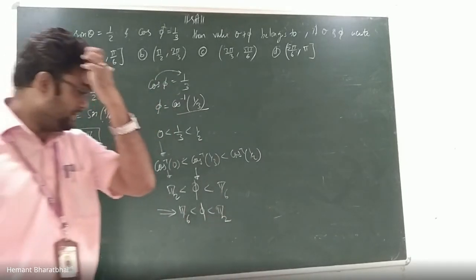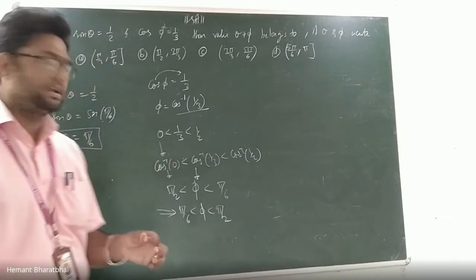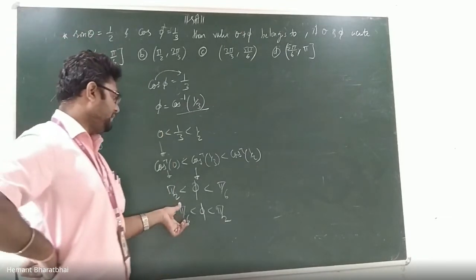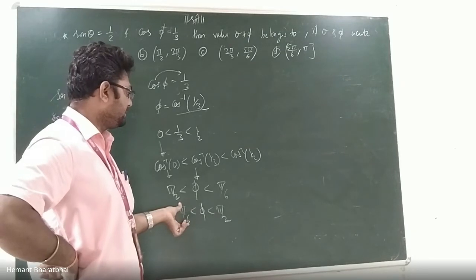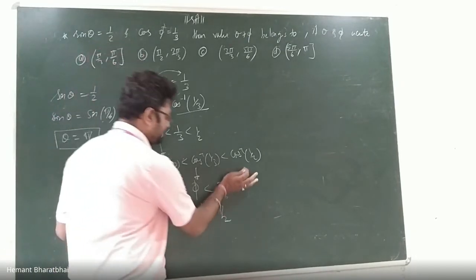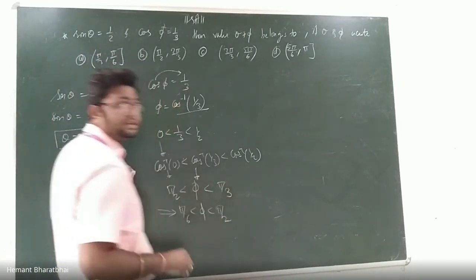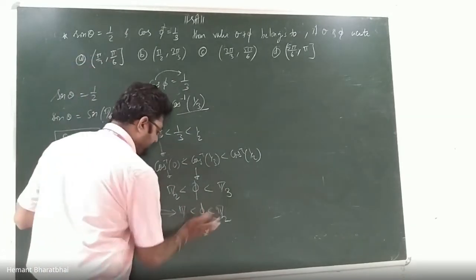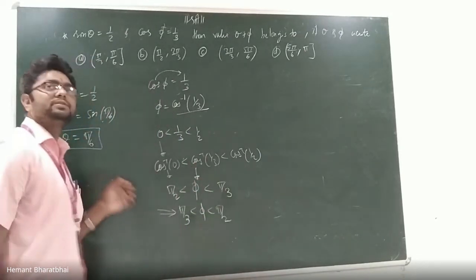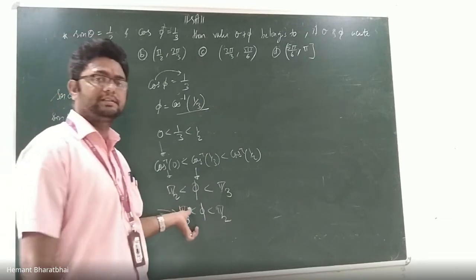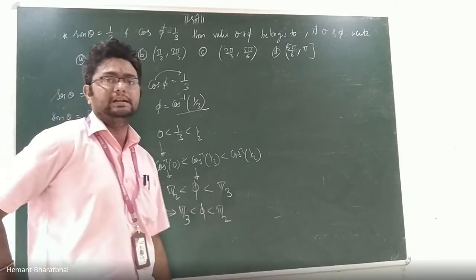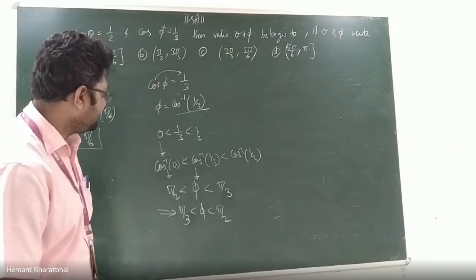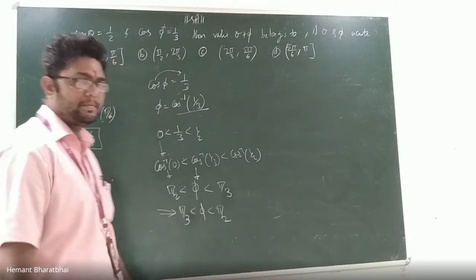So my value of this acute angle phi is greater than pi by 3, that is, greater than 60 degrees, and it is less than 90 degrees.